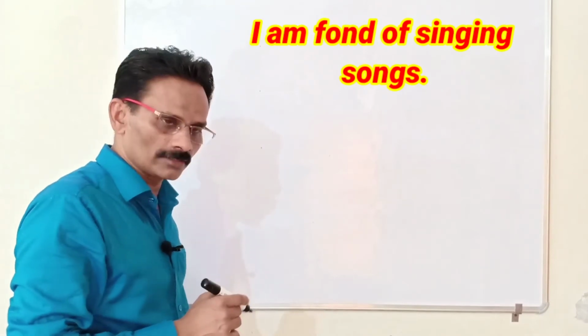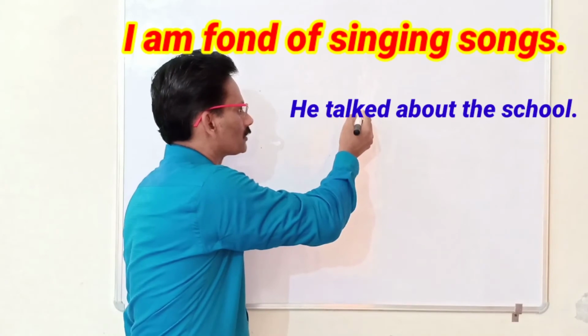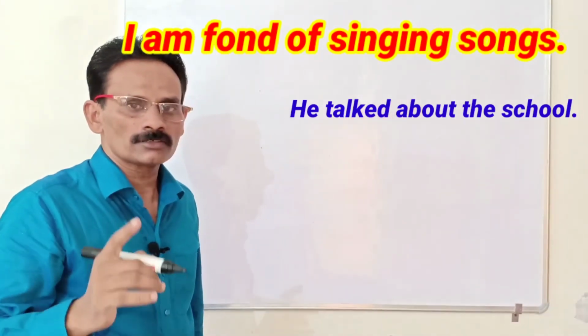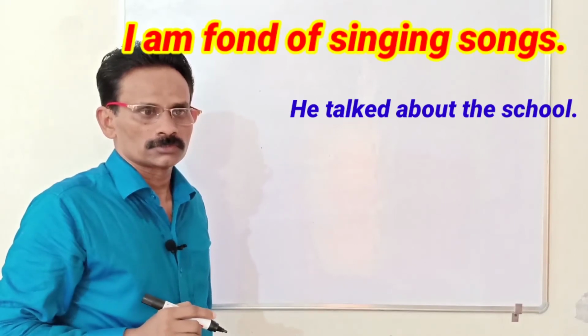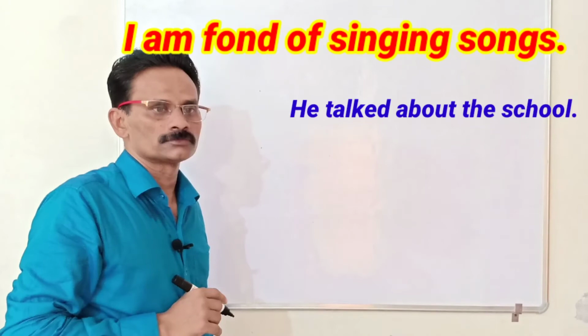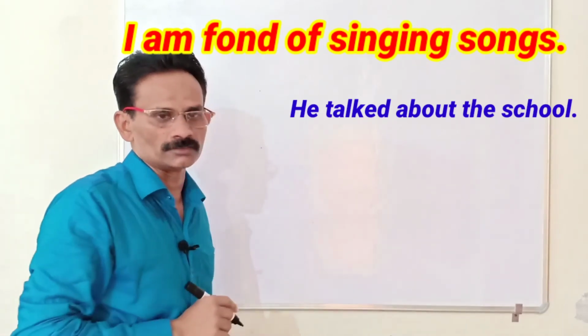Now, let us analyze another sentence. He talked about the school. Here, school is a noun, and it has come after the preposition about. So, school is the object of the preposition.